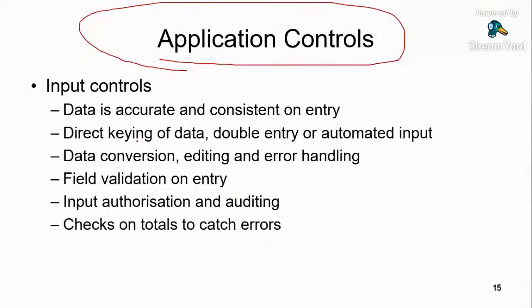Here, input control. Nowadays, we have the validation control. We validate the email ID, we validate the telephone number, and a number of things, so that it will give proper data to your application. And data conversion, I just discussed the validation. This validation will enable us to catch the error at the beginning only.